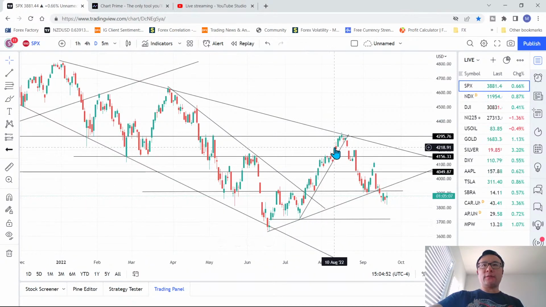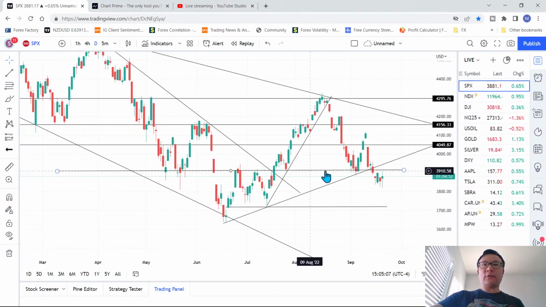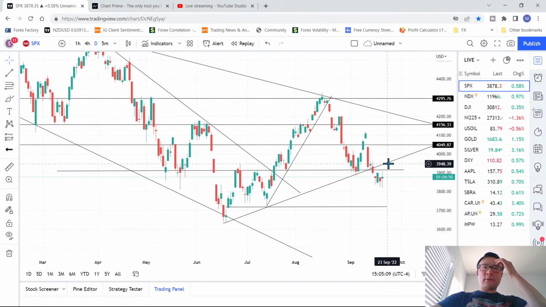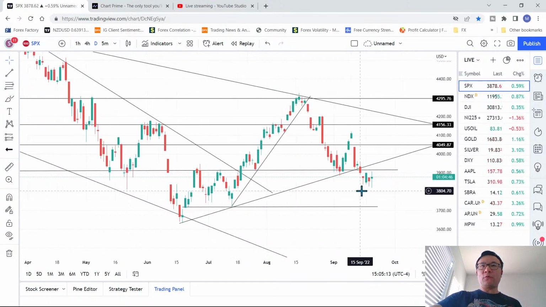We had a big strong rally from July to August, broke down, and ever since then we've been basically going down. A little bit of a bounce here, only for the markets to continue heading lower. Now you can see that this line that I drew right here was support, and now is resistance. In the past 4 trading days, the markets have been going sideways.